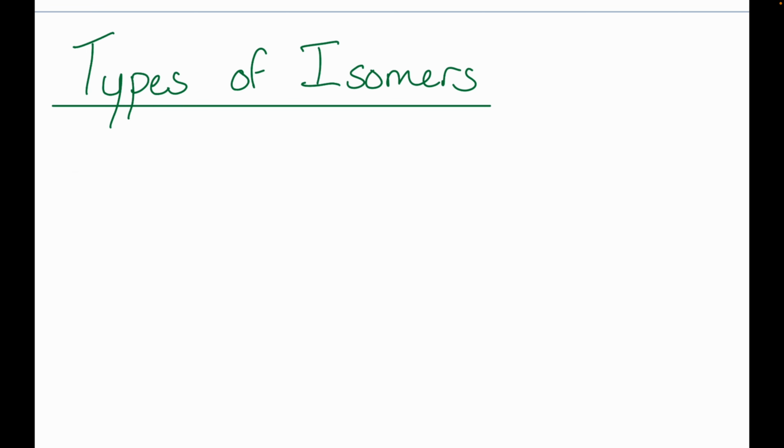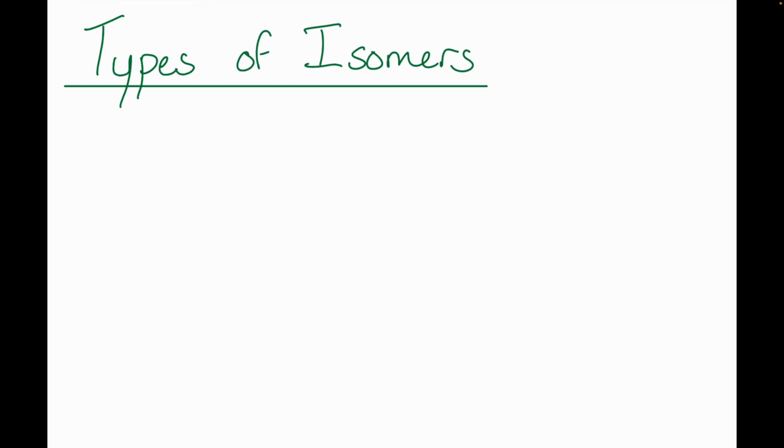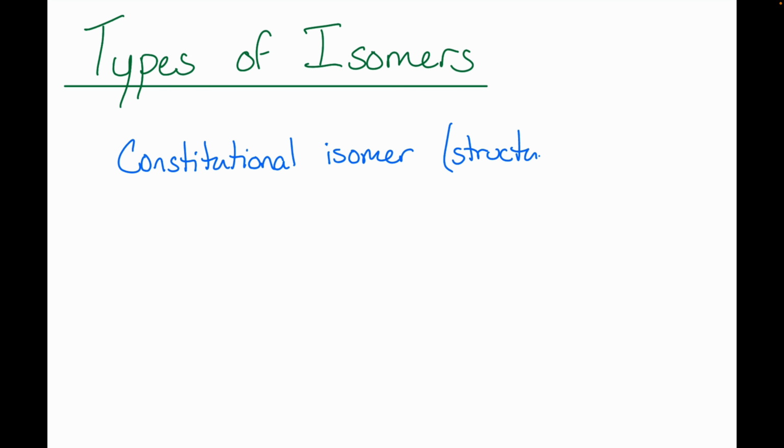All right, so isomers, there's two types of isomers that we're going to introduce. The broadest class of isomer in organic chemistry is what's called a constitutional isomer. Or sometimes a structural isomer.